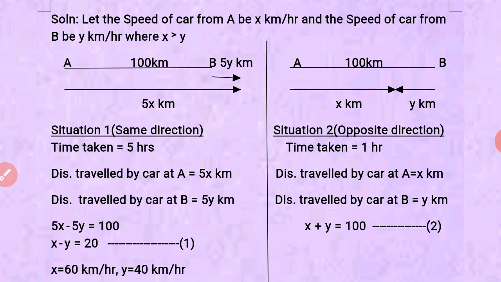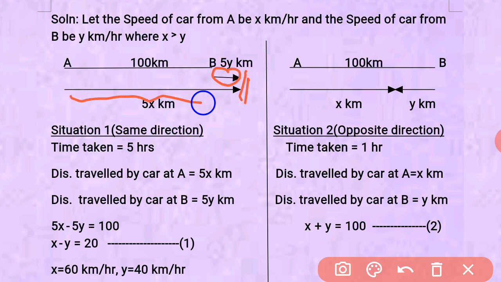So here, if they are meeting at the given point here, it means B has travelled a very less distance, whereas A has covered such a long distance. And they are meeting at a particular place, right?